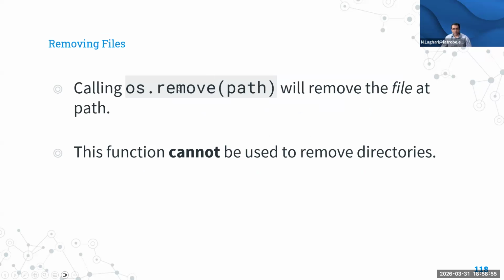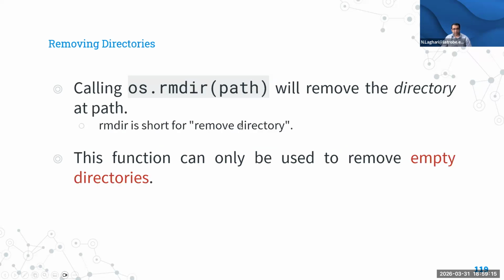You can remove or delete the file. Okay. And that cannot be used to remove directories, and especially you cannot remove those paths which already have some other files. There is one condition: they should be empty. Paths should not have any more files in them.